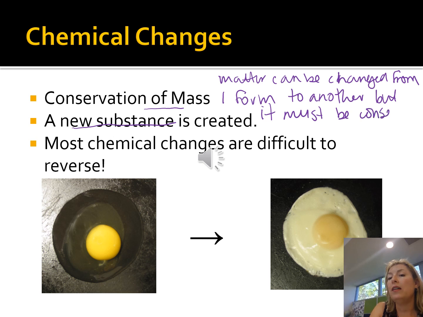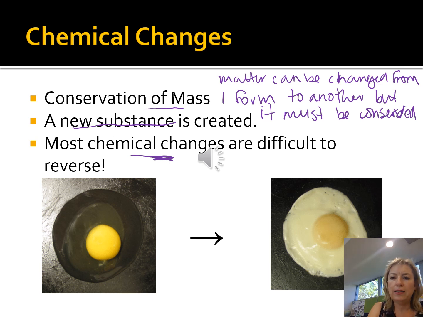So if you started with 50 grams of a reactant, you will finish with 50 grams of a product. Now, most chemical changes are really hard to reverse.